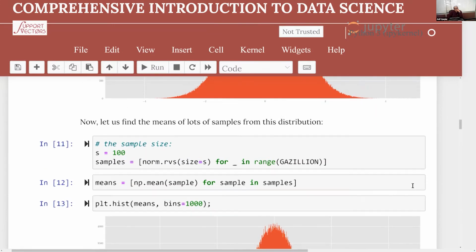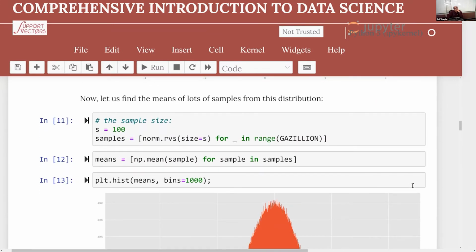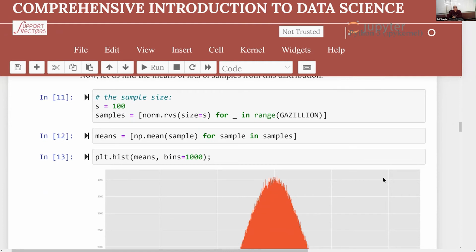So please run this. And we are going to plot the means. We are not going to plot the data itself, the population itself. We are plotting the mean. And let us see what the mean looks like.